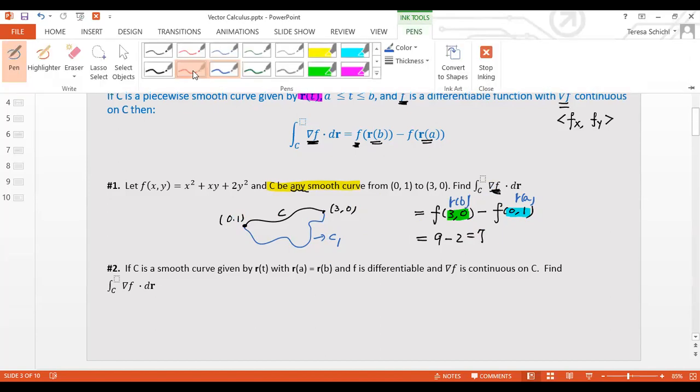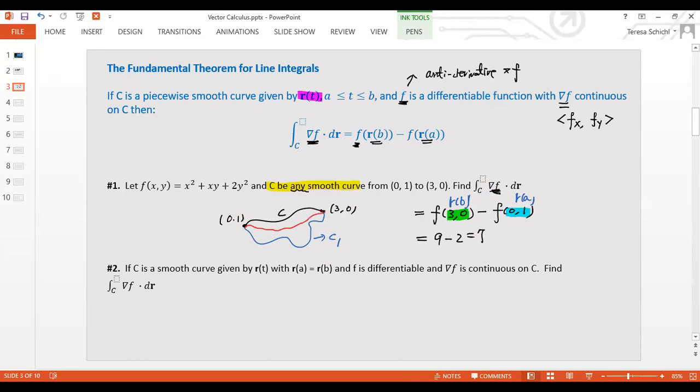If you have another path, this one, C2, then all these three paths, the line integral over this gradient vector, will give you the same answer, 7. That's what we call independence of path. As long as you start at (0,1) and end at (3,0), it always gives you the same answer.